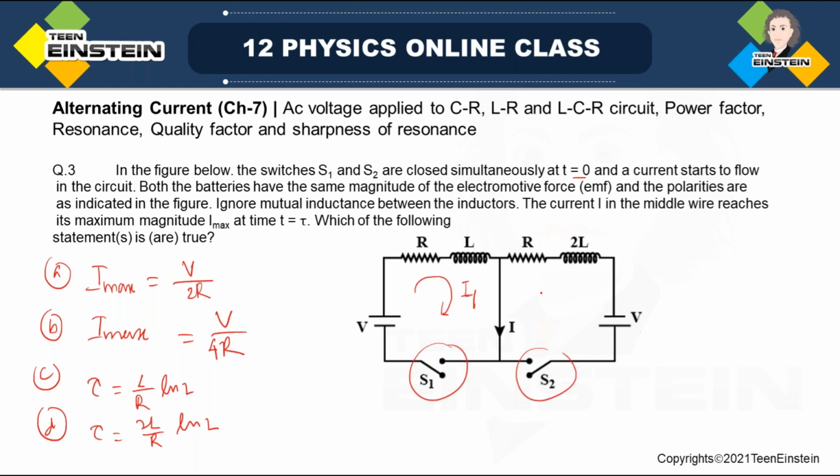This loop has I1, and since the battery is this way, positive terminal, let us say the current I2 is flowing in loop 2. So this is loop 1 and this is loop 2.